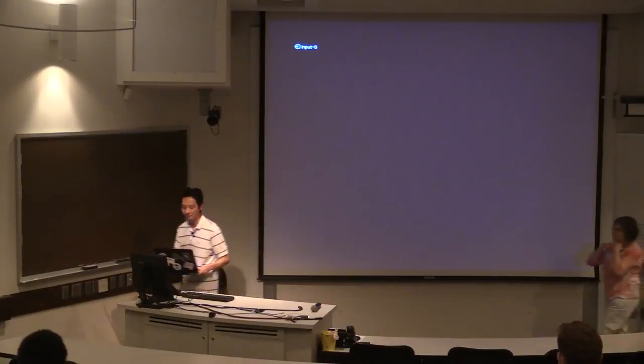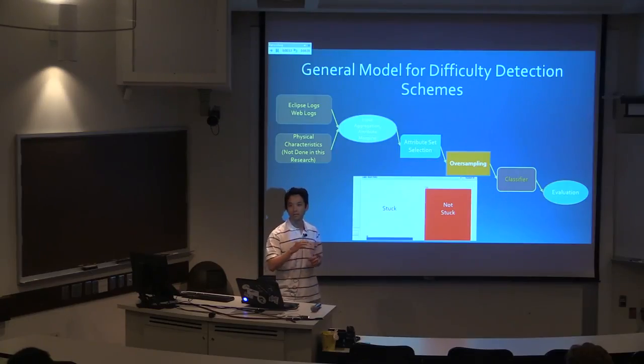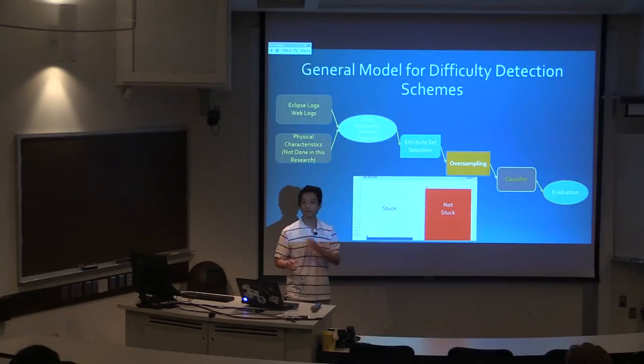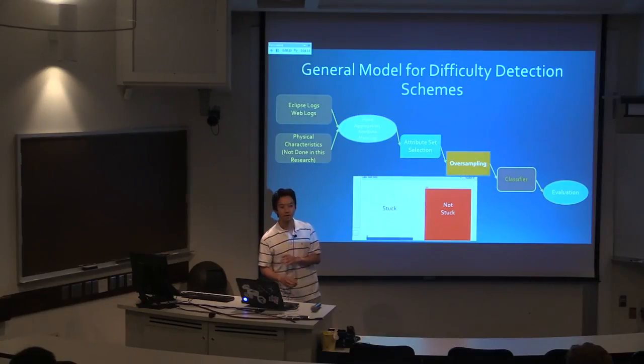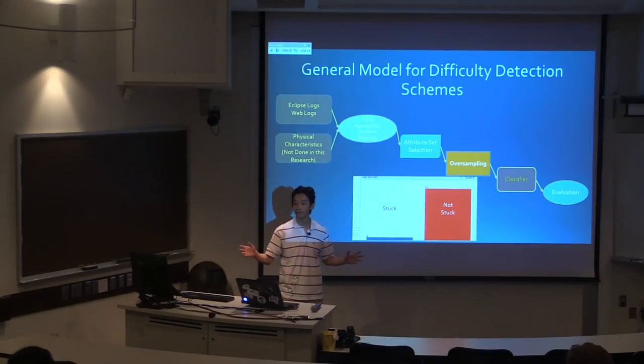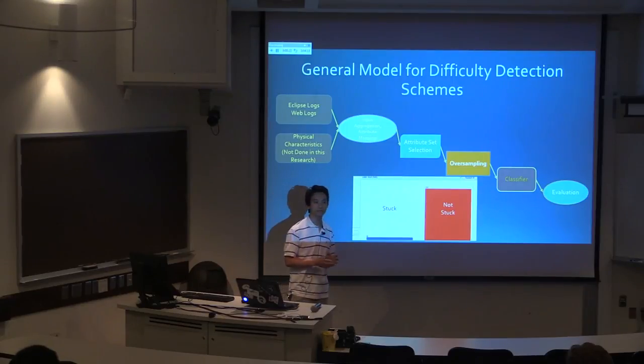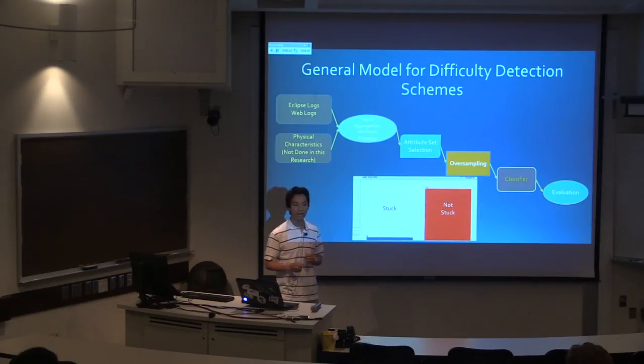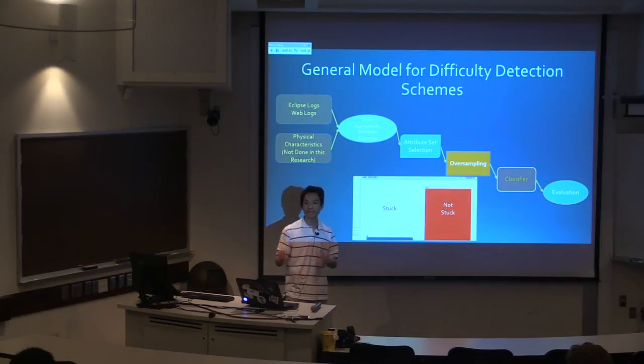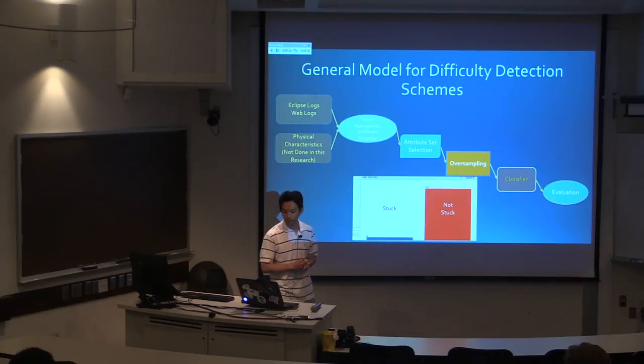We have the mapper that maps all the inputs to a set of attributes for the classifier, and then we have the classifier, and finally we have the evaluation stage that trains the classifier and then tests how well it performs.